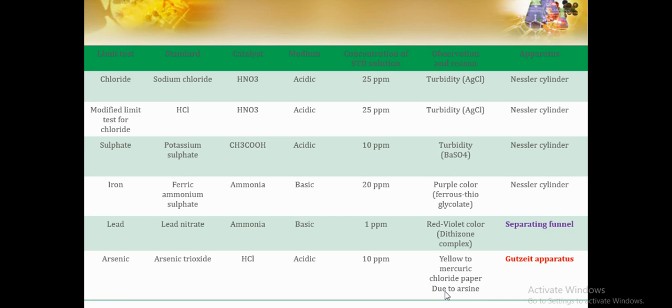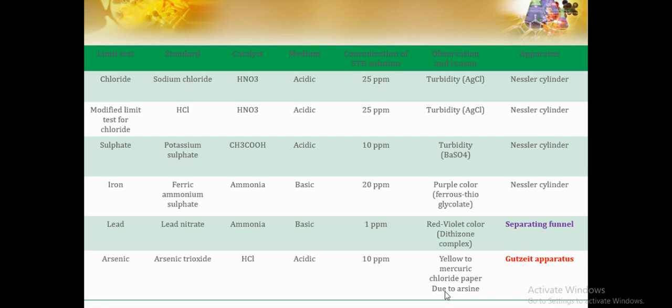The limit test for chloride, limit test for sulfate, and limit test for iron are carried out in Nessler cylinder, but the exceptions are these two: limit test for lead and limit test for arsenic.